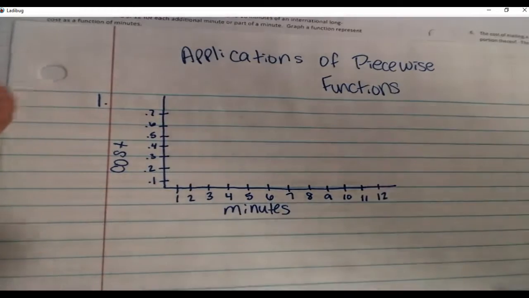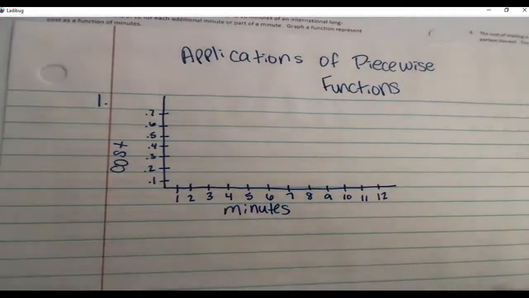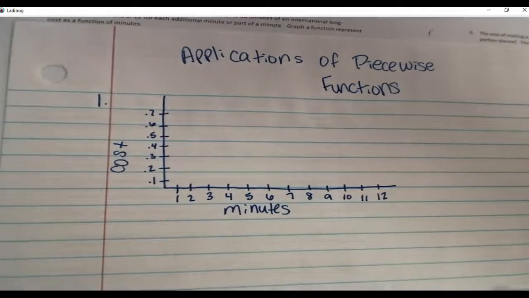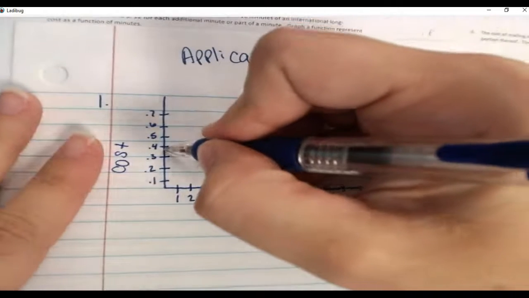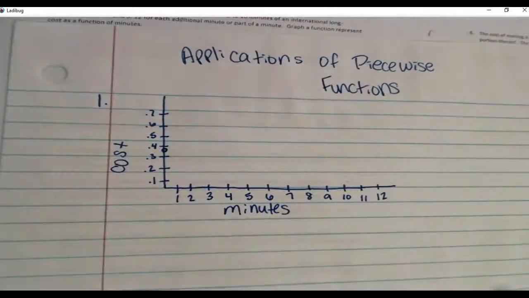So this problem says that they charge 39 cents for any call up to 10 minutes. So whether you pick up the phone and you talk for 1 second or you talk for 10 minutes, it's going to cost you 39 cents. Does it cost me for 0 minutes? No, because I hadn't even dialed the number. So at 0, we'll go to 39, but it'll be an open circle, because they can't charge you for something you haven't done.